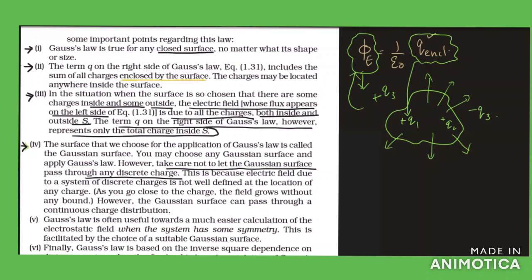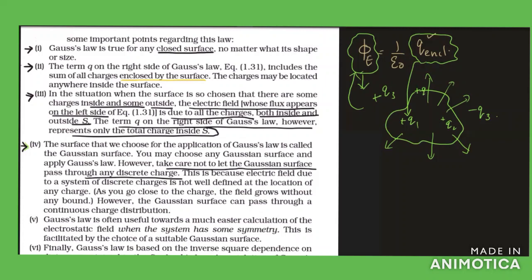They can be there inside or outside, but no discrete charges should be on the surface.